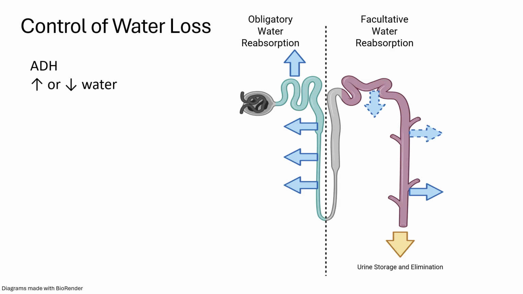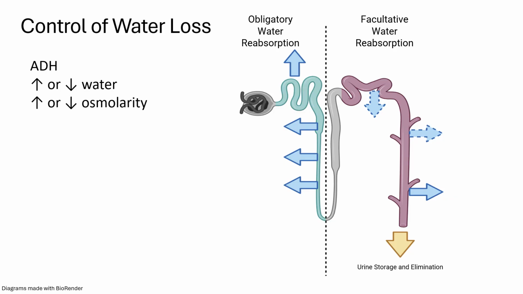We know that there's no capacity for the ascending arm of the nephron loop to move water in either direction. It's all that descending loop. The DCT and the collecting duct, yes, they are capable of reabsorbing water, but they can only do that under the influence of hormones. And that hormonal water reabsorption is what is known as facultative water reabsorption.